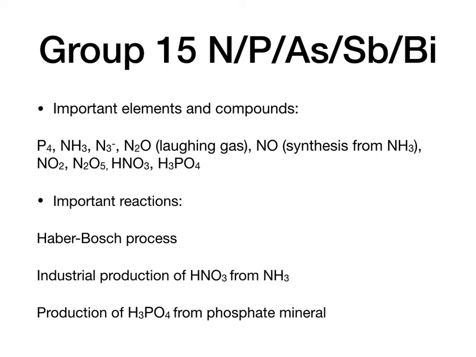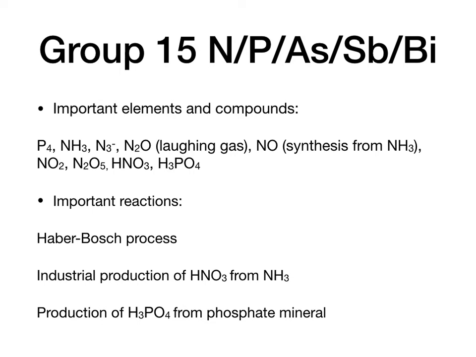The most important reactions in this group are all related to the industrial production of chemicals. The first one is the Haber-Bosch process. It is the industrial production of ammonia, NH3, from nitrogen gas and hydrogen gas using an iron catalyst.